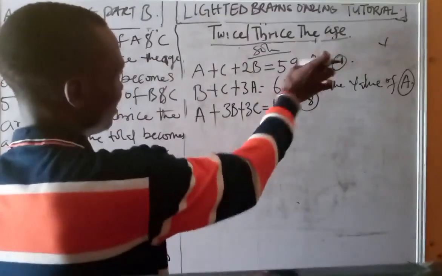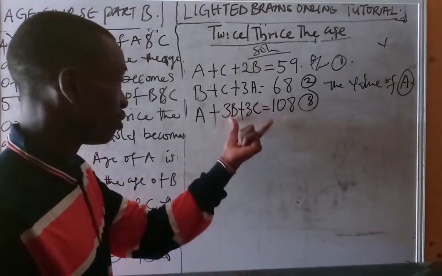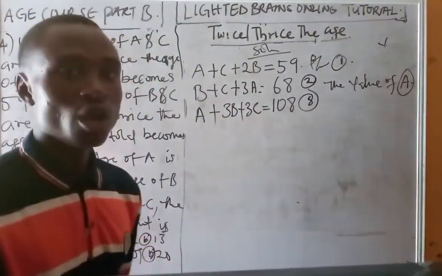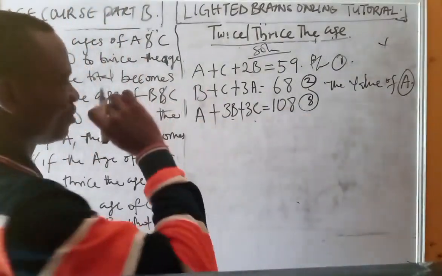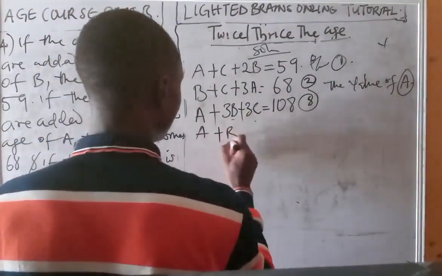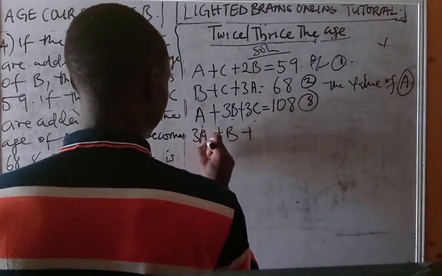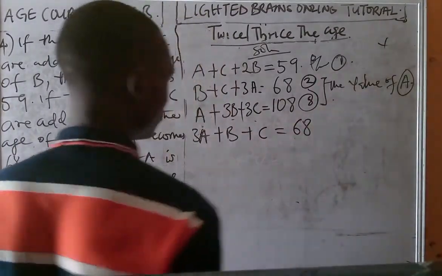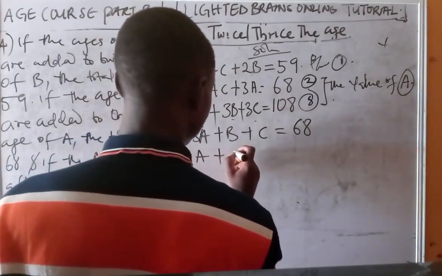If you multiply anything this side, it will not lead to the elimination of B and C. Note that the goal is to find A, not B and C. So we want to multiply so that we can eliminate this B and C. So let's rearrange it now: 3A plus B plus C is equal to 68. So we are taking only these 2.